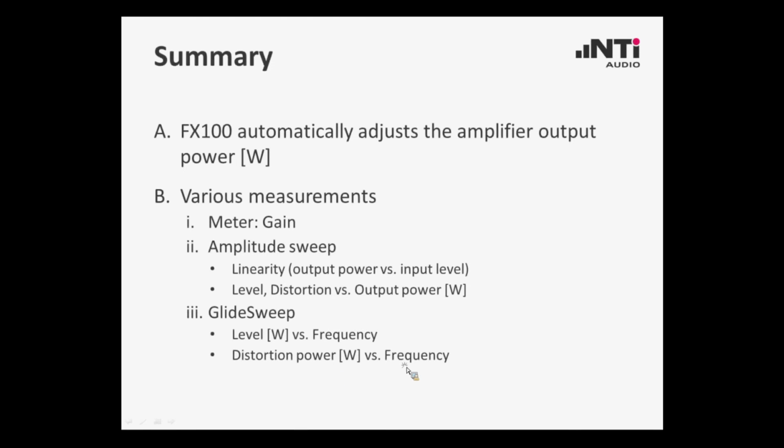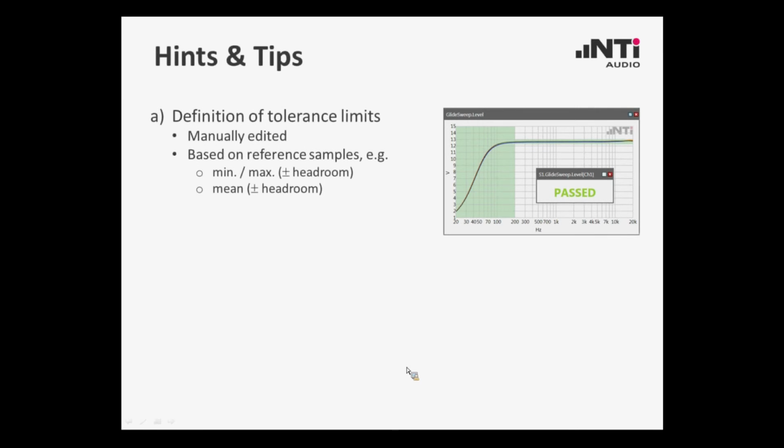Some hints and tips. First of all, if you execute such a test, you may have the demand to verify the result against a specification. Is it passed or is it failed? So you need tolerance limits. And I'm going to show you briefly how you could do that manually. There are actually 2 different ways of doing it.